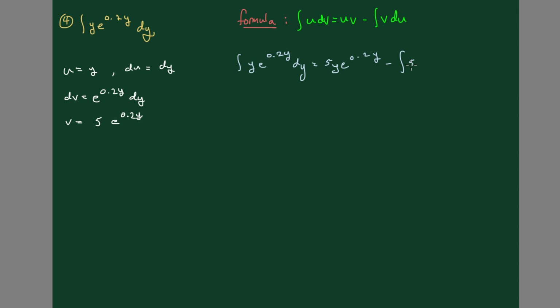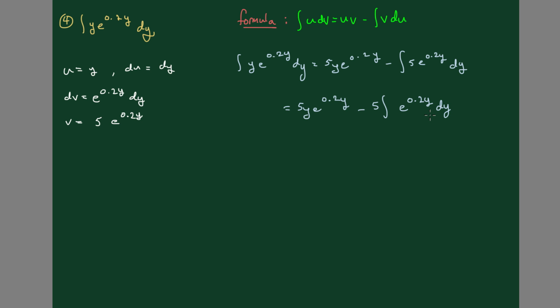So that's going to be 5 times, let's see, v is 5e to the 0.2y, and du is just dy, so times dy. And we can write that here as 5y e to the 0.2y minus 5 times the integral of e to the 0.2y dy.